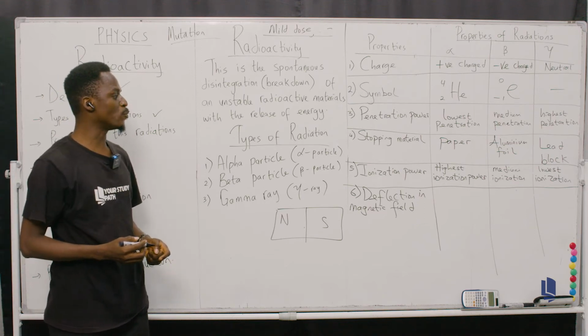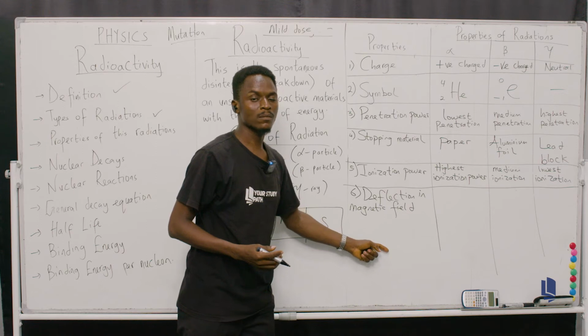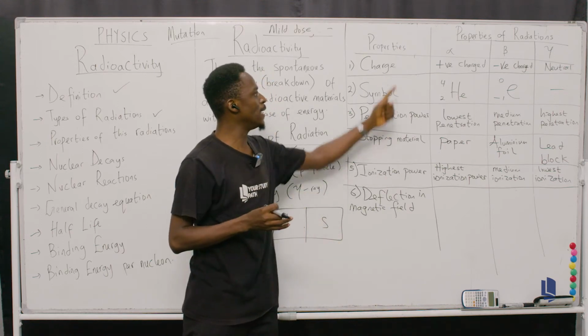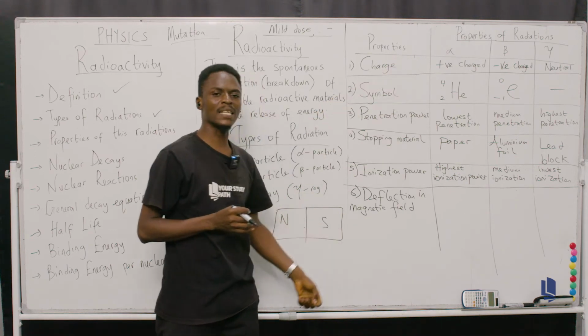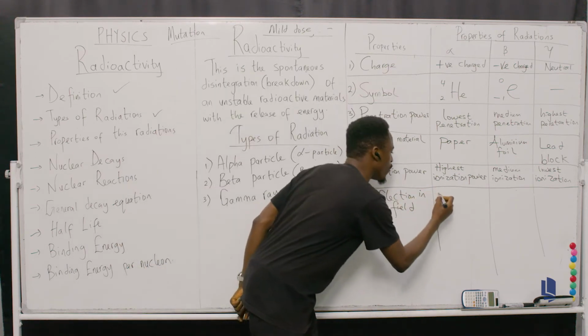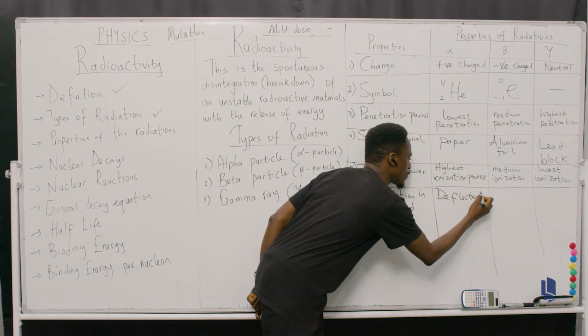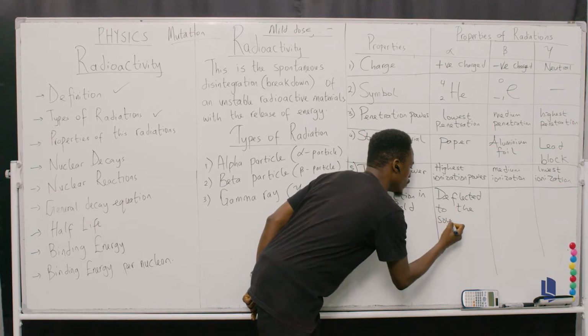We've always attributed that like poles will always repel. Unlike poles attract. Anytime you place an alpha particle inside the magnetic field, it is always deflected to the South Pole.